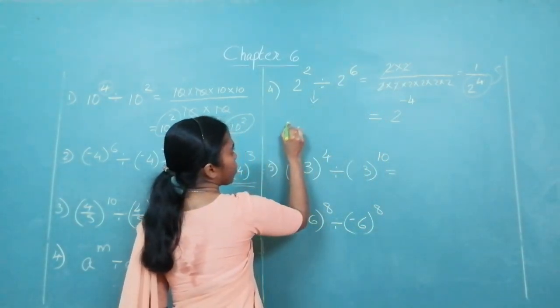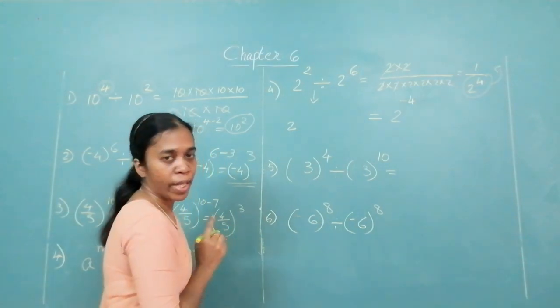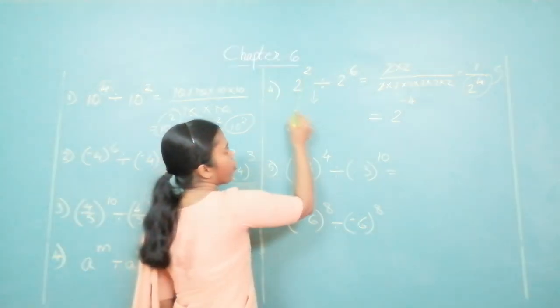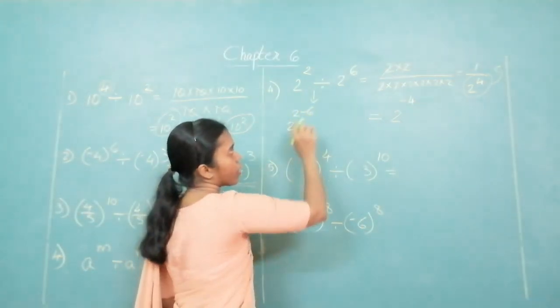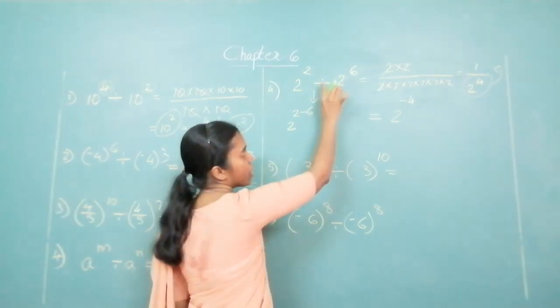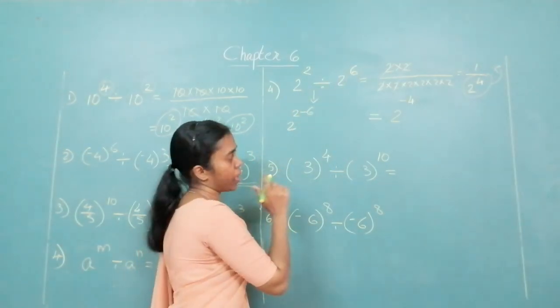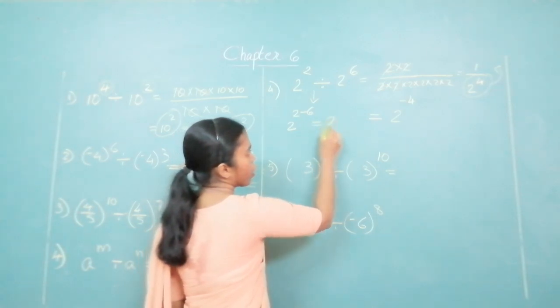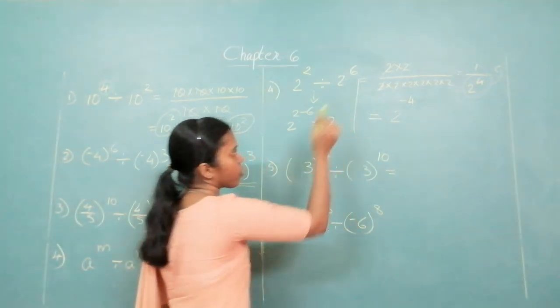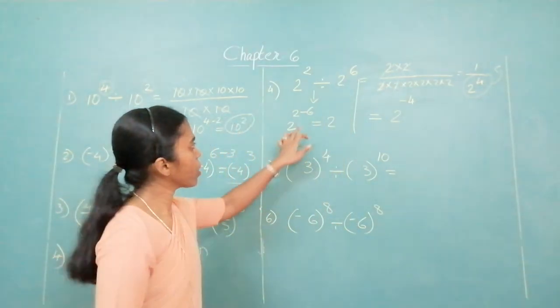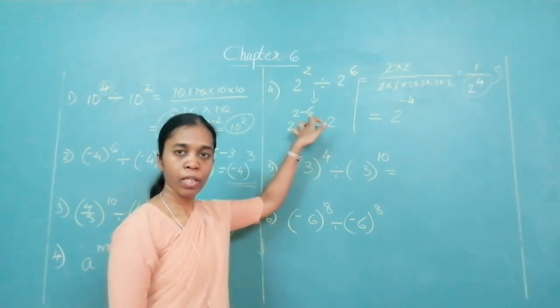Base is same, so I write it as 2. As I said, first one minus the second one, 2. Since it is division, minus the second index, that is 6. What is the answer? 2 raised to. What is the answer of 2 minus 6?